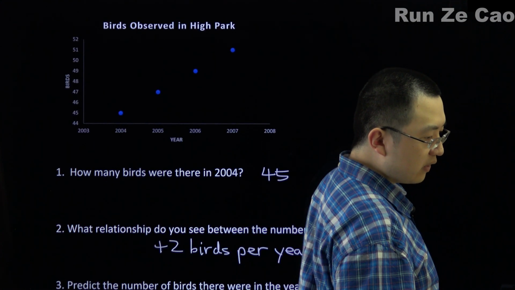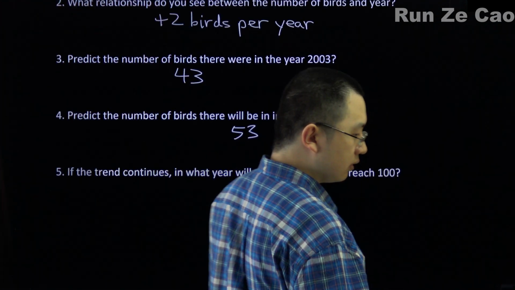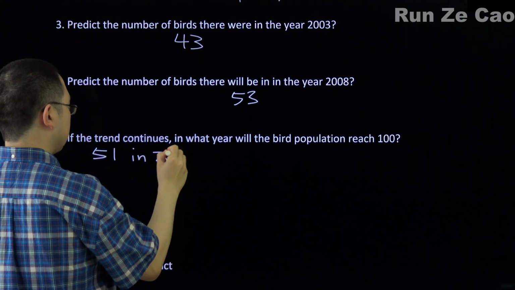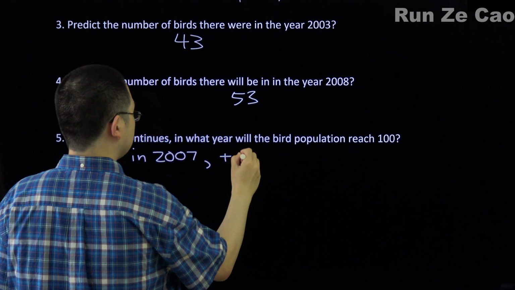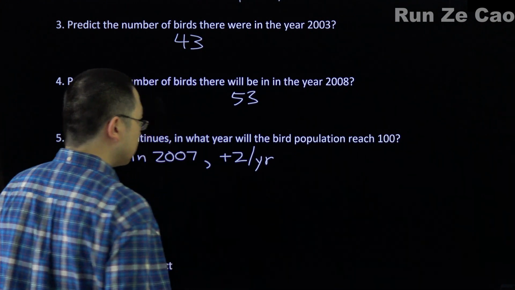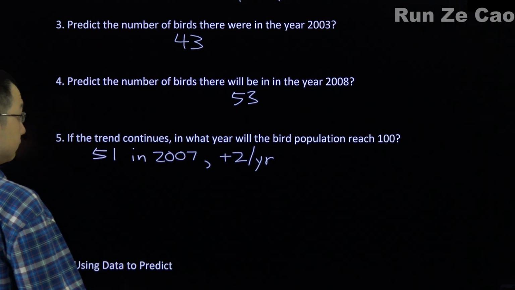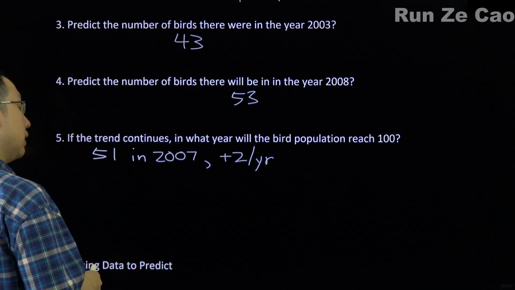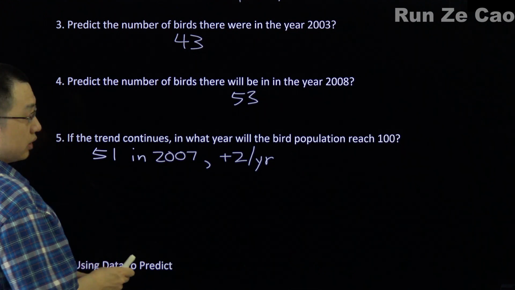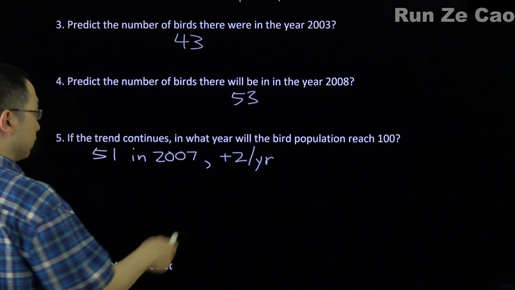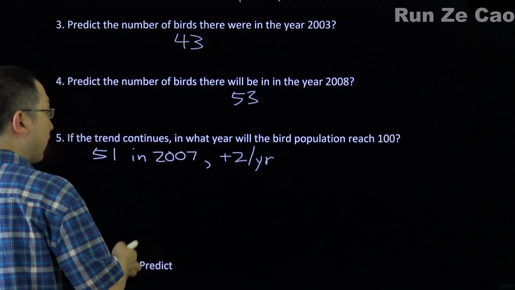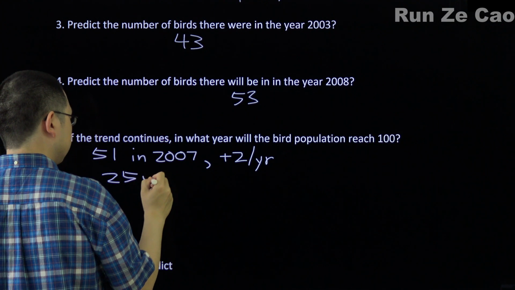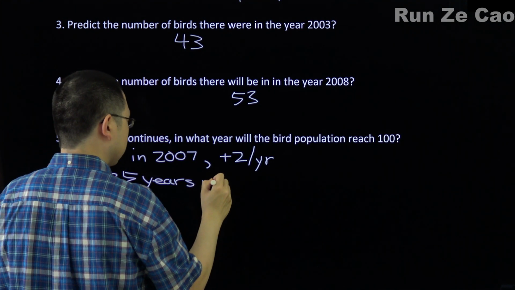Well, it was 51 birds in 2007, plus 2 per year. So, in what year? We're not dealing with half years here, so you need 50 more birds, so 25 years will do it.